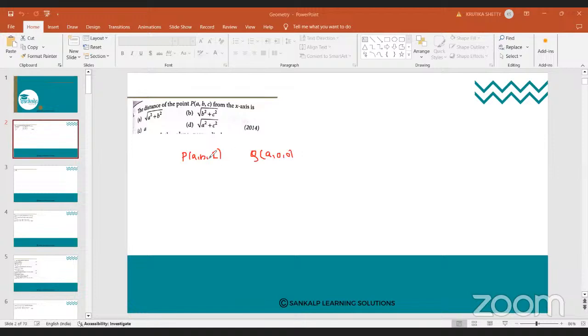If you calculate the distance between these two points, a minus a is 0, b minus 0 gives b squared, and c minus 0 gives c squared. So the right answer will be root of b squared plus c squared. Understood how to solve it? You just have to calculate the distance between a point on the x-axis and the given point P(a, b, c).